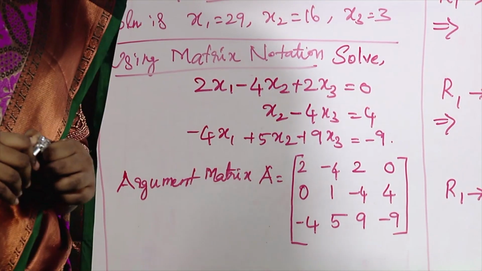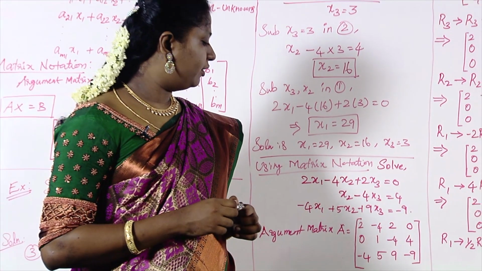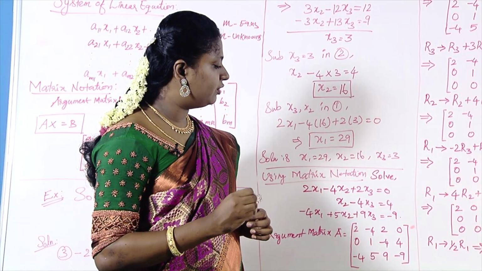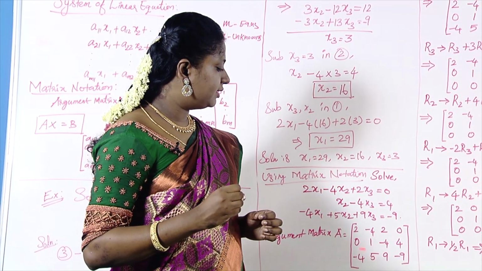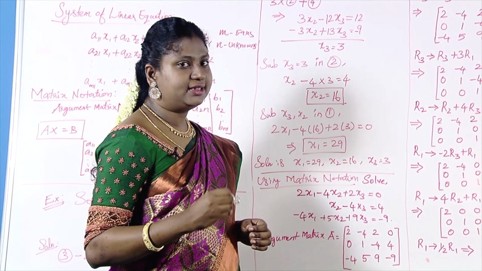Now I am going to reduce this matrix in order to get a solution. So how am I going to do that? The first row I am going to denote by R1, that indicates row 1, the second row R2, and the third row R3.